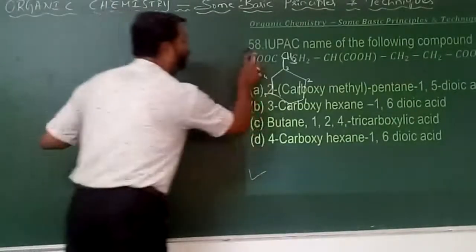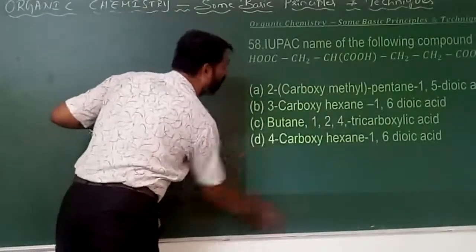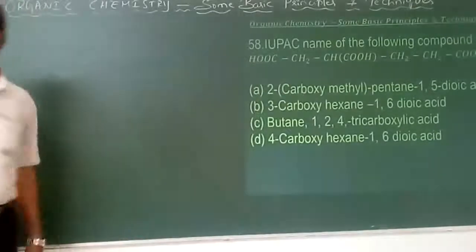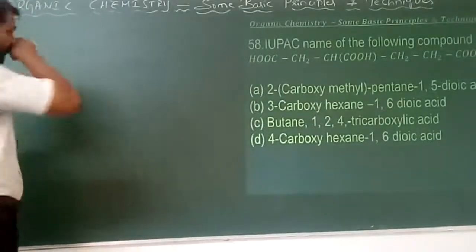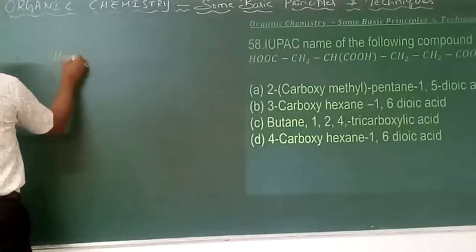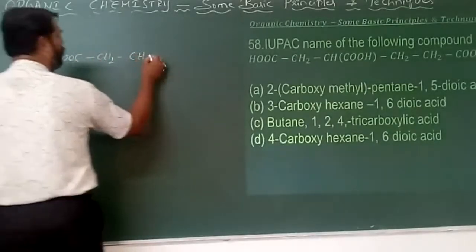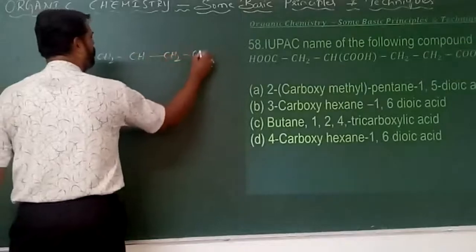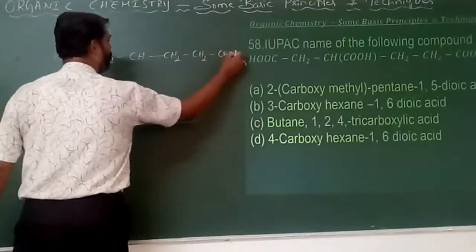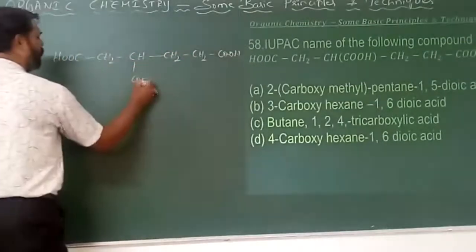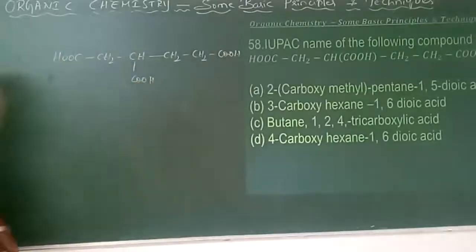Next is, what is the IUPAC name of the following compound again? HOOC, CH2, CH, CH2, CH2, COOH. Again, we have another COOH. They have a similar function, preferably the terminal function.